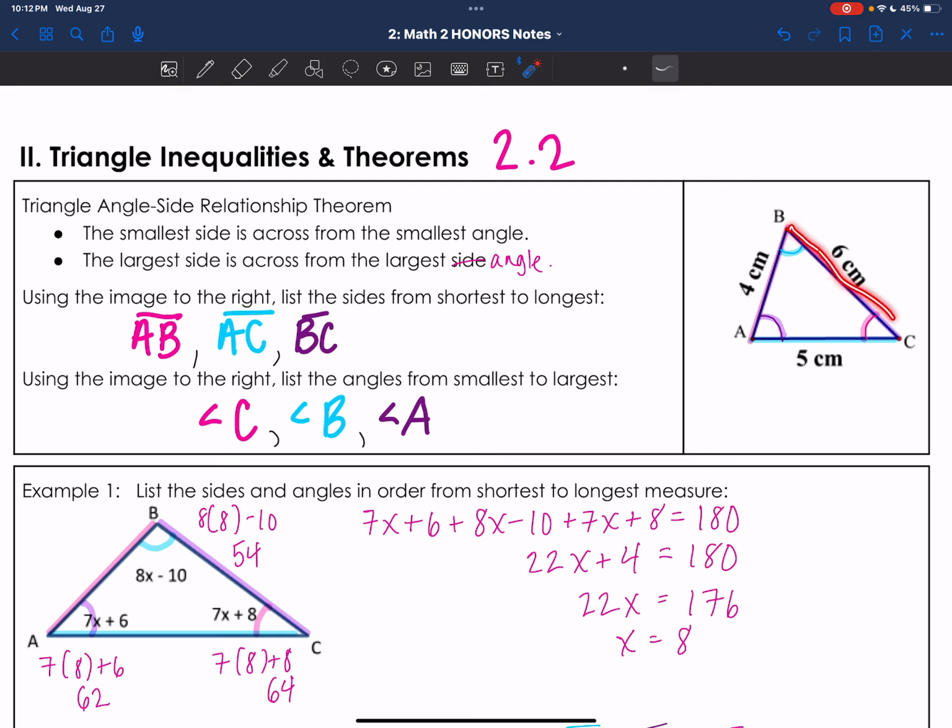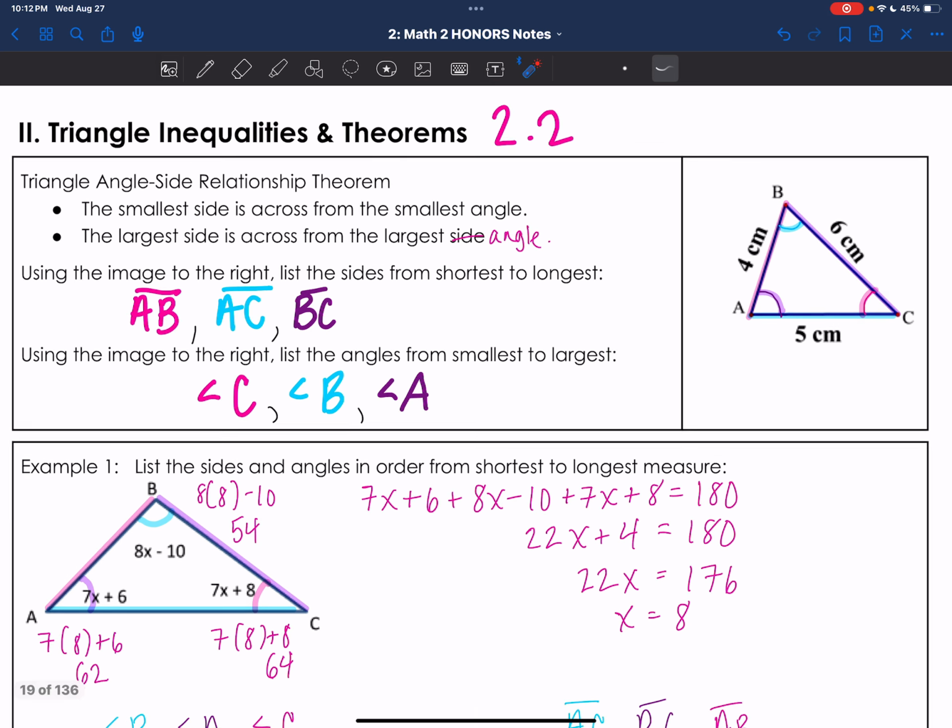And then 6 is the largest side, so that's going to be the largest angle. So if you were to put them in order from shortest to longest, AB is 4, and that goes with C, and then AC is the middle, and it goes to B, and then BC goes to A. All right, so that's important so you can order things.